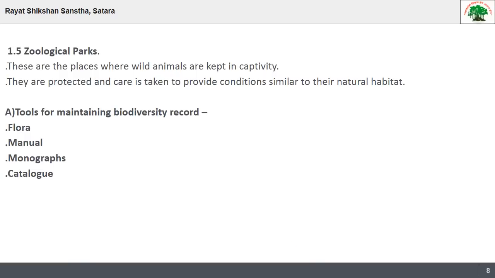1.5 Zoological parks. A zoological park is a facility in which animals are housed within enclosures, cared for, and displayed to the public. These are the places where wild animals are kept in captivity. They are protected and care is taken to provide conditions similar to their natural habitat.